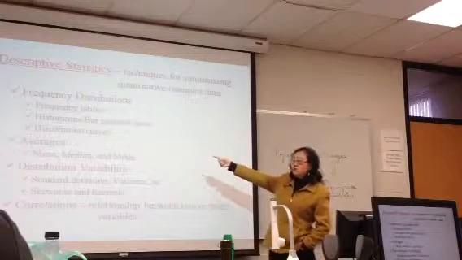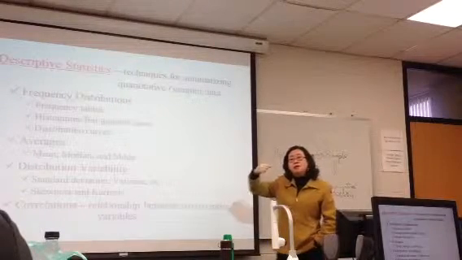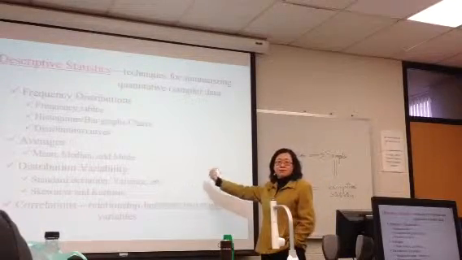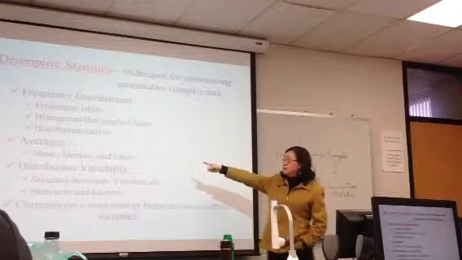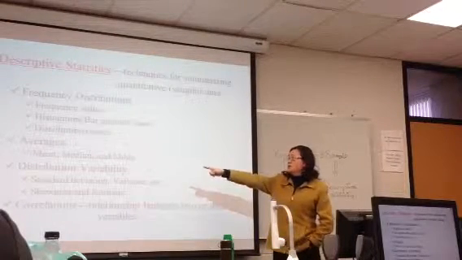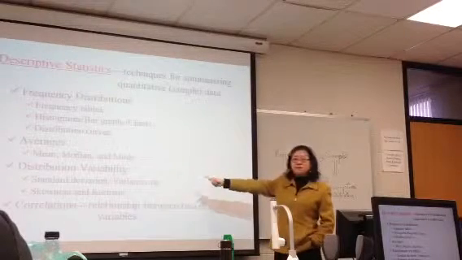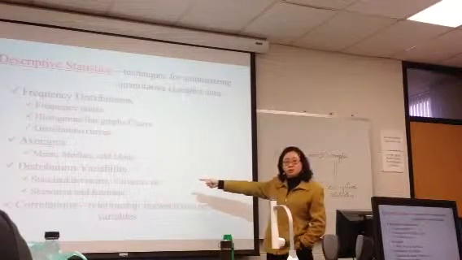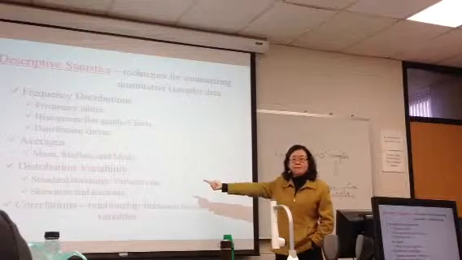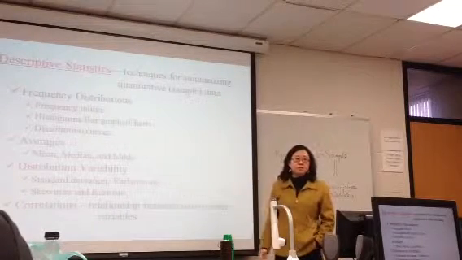And the averages, or another term, the central tendency of the distribution. It's the mean, median, mode. Third, distribution variability: standard deviation, variance, and the skewness, the kurtosis. The last type, correlation.